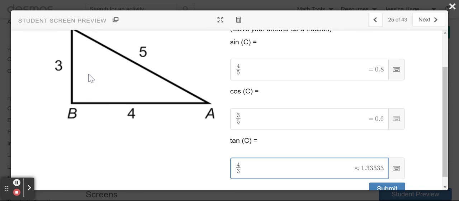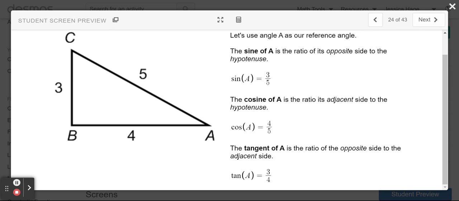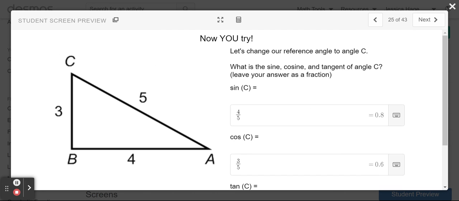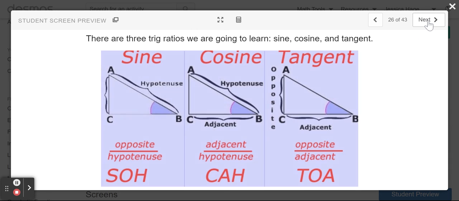So tangent never uses the hypotenuse. And you can see that when we had angle A, it was 3 over 4. And then when we're switching to angle C as our reference angle, now it's 4 over 3 because our opposite and adjacent will switch. And so those are your notes, slides 16 through 25.